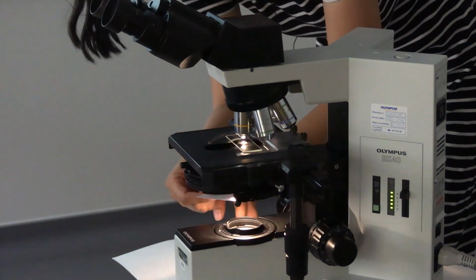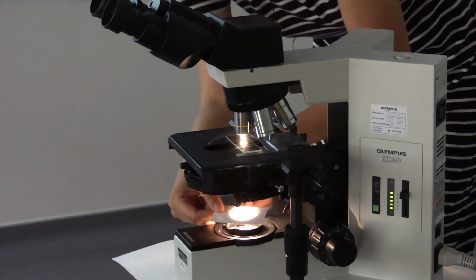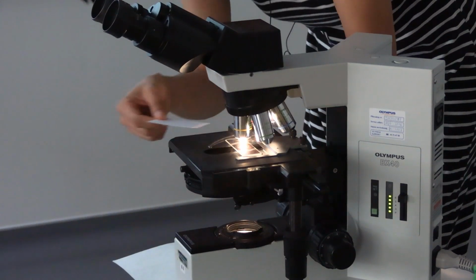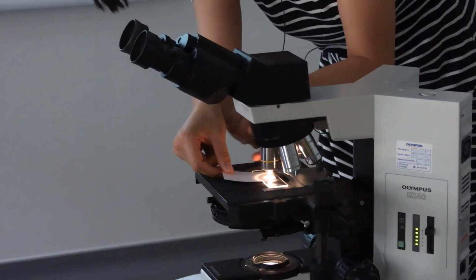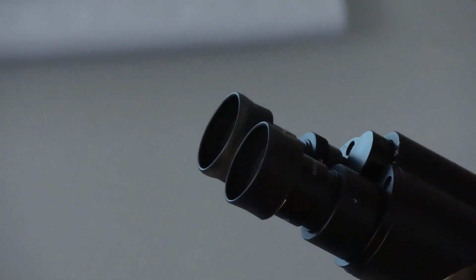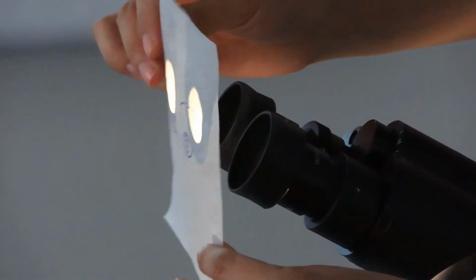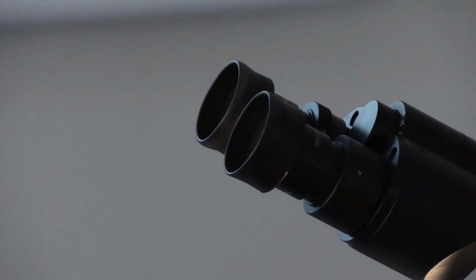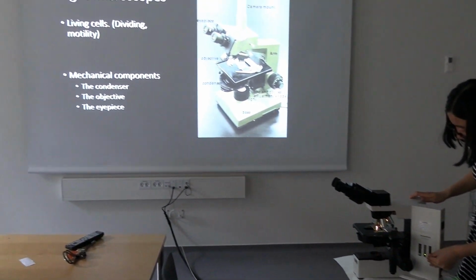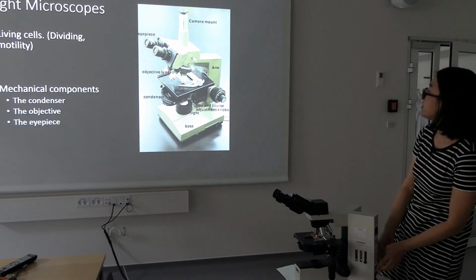If I block it with a paper, yes, you can see that the light goes through here. And then it goes to the sample or specimen, and then it goes out through the eyepieces. You can see here's a paper. So here's the light system for the light microscope. Just switch it off.